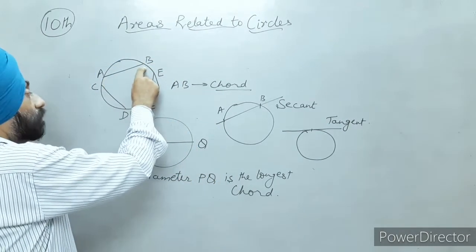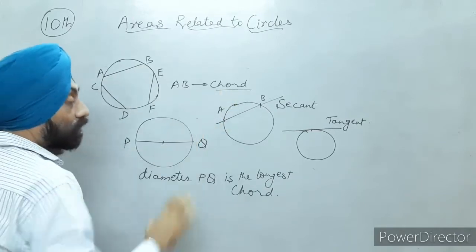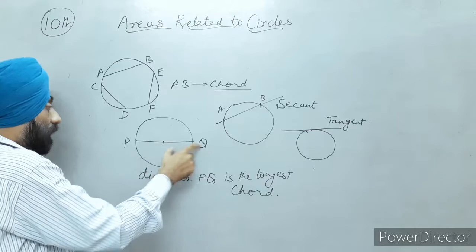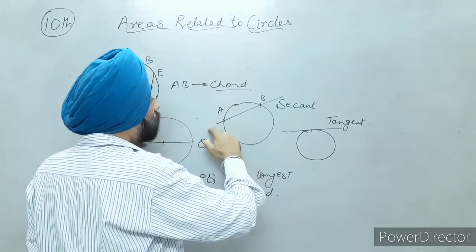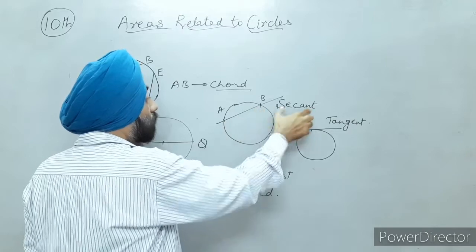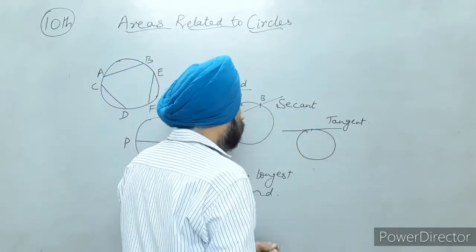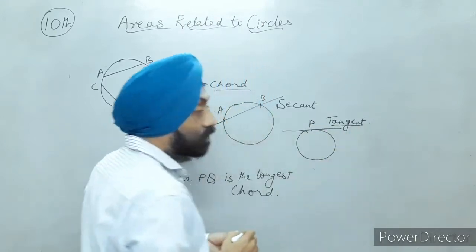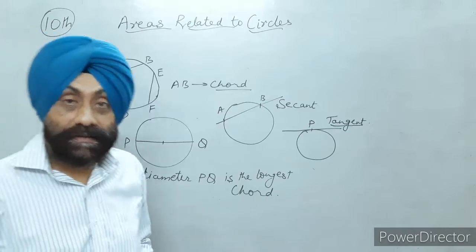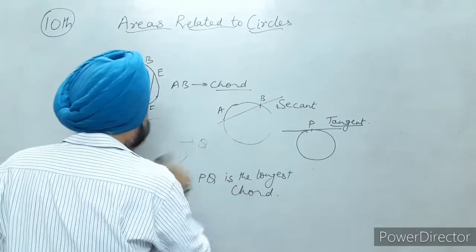The join of 2 points on a circle is called a chord. The diameter is the longest chord. A line which intersects the circle at 2 points is called a secant. A line which touches the circle at only 1 point, that line is called a tangent, right? These were some few basics which you must know.